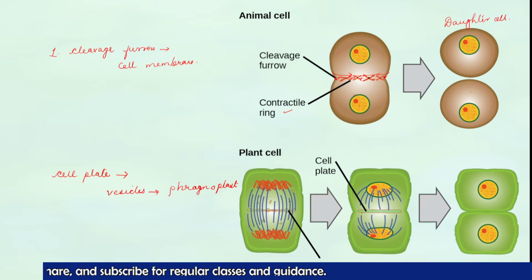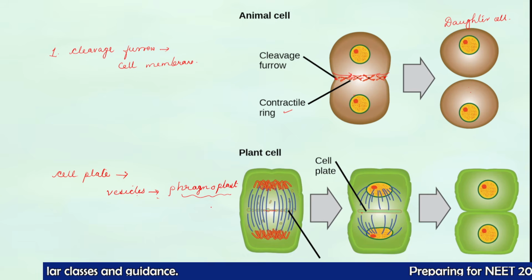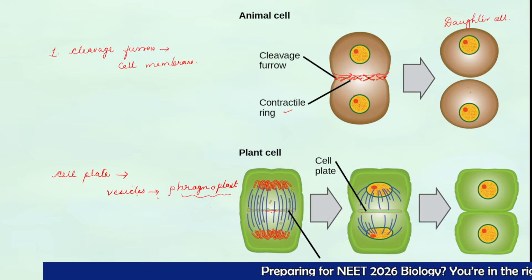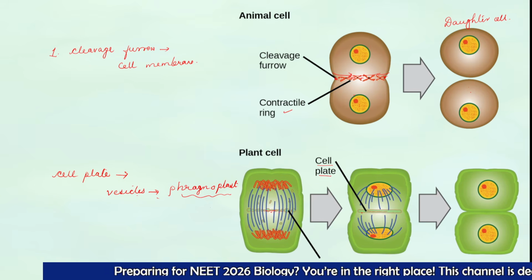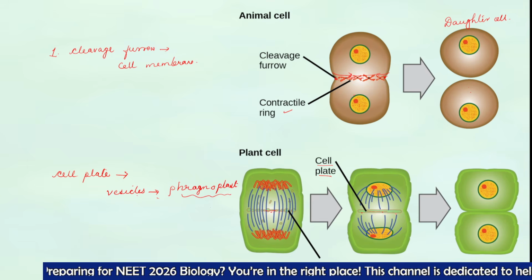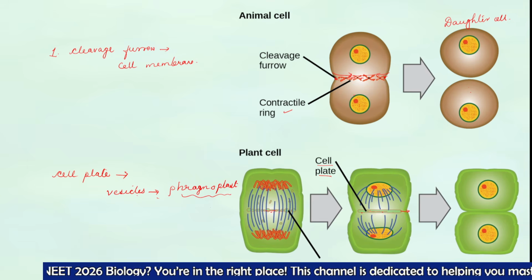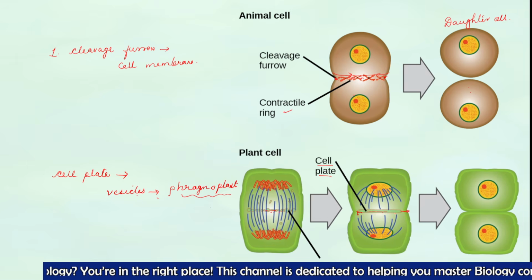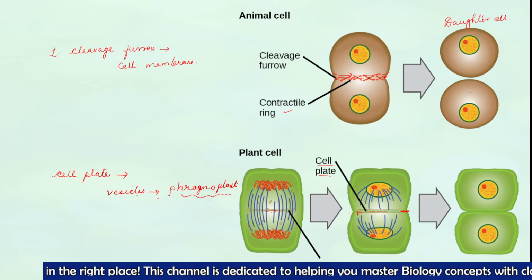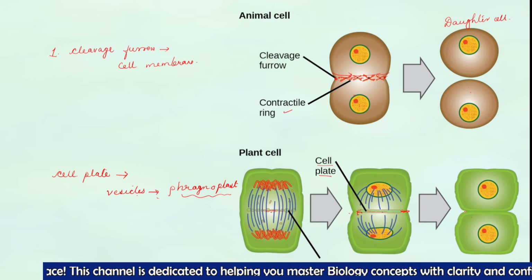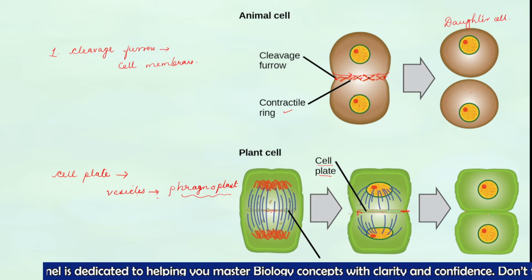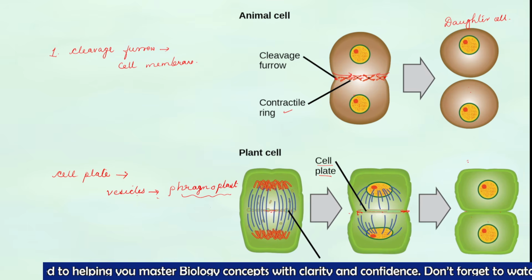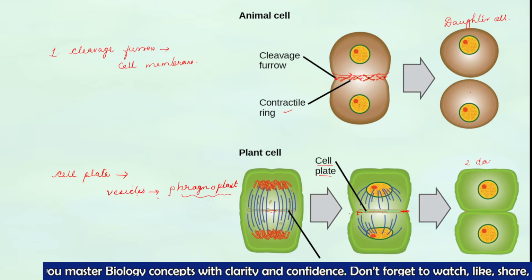From the Golgi, small vesicles form, and these are called phragmoplast. When they join to form a single structure, it is called a cell plate. The cell plate forms at the center, and then grows outward towards the periphery. Finally it joins with the cell wall, and there is a separation of the cytoplasm, so two daughter cells are formed.